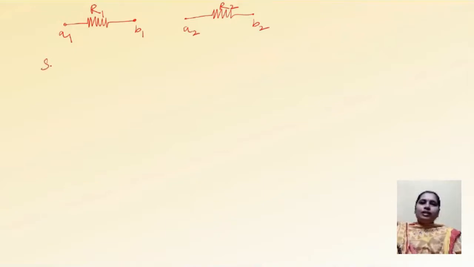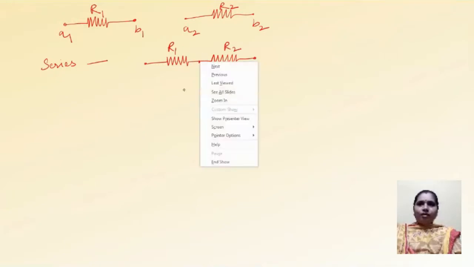Series connection of resistors. Series means these two resistors are connected in such a way that they are connected at one common terminal. So this is your R1 and this is your R2. This is the common terminal connected between the two resistors.